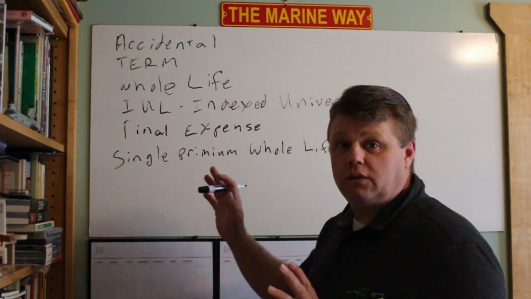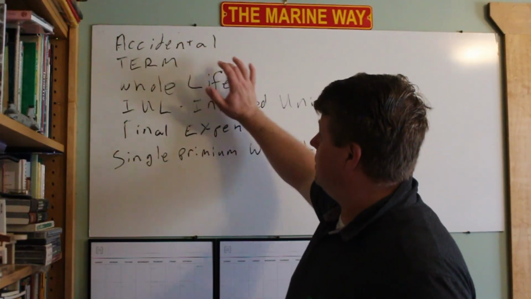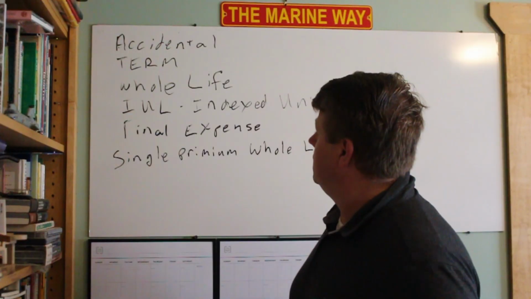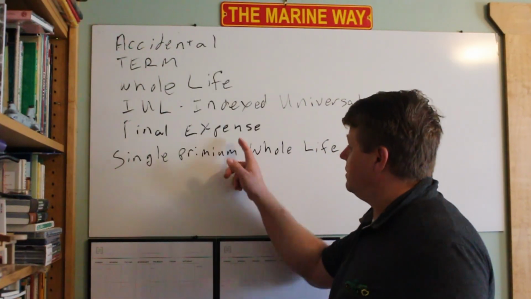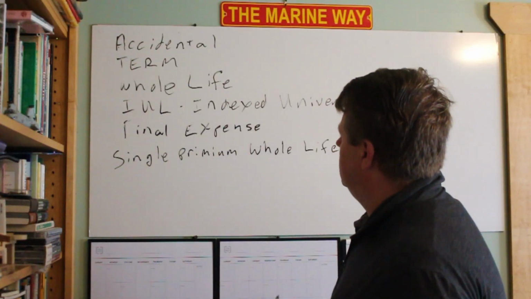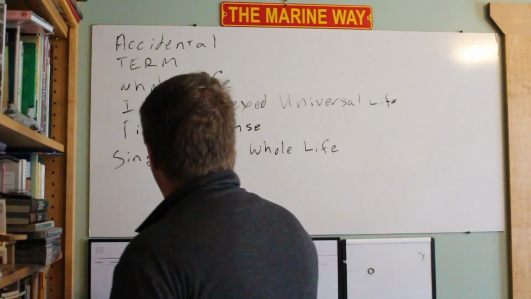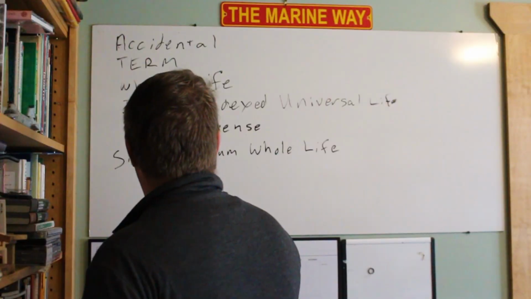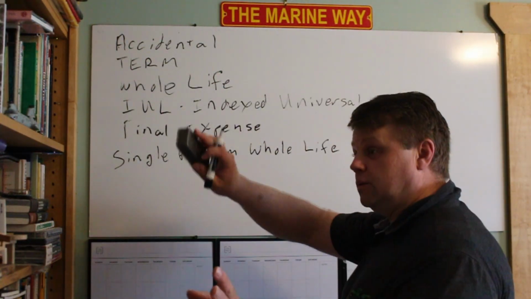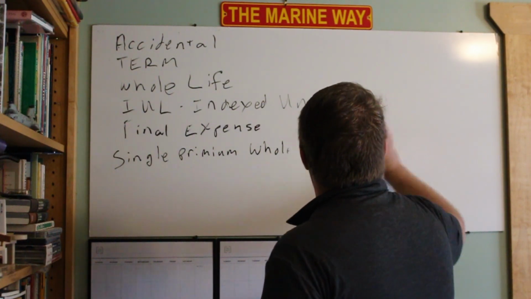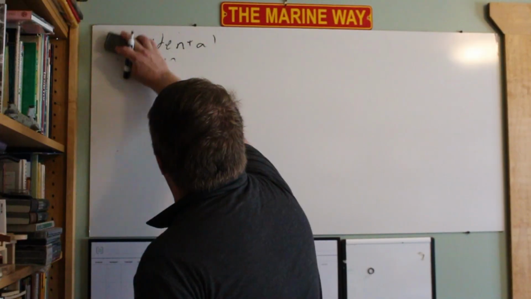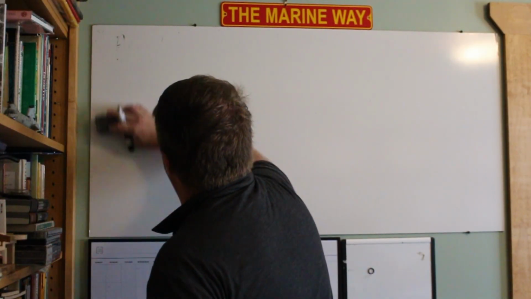So, accidental, term, whole life, IUL, indexed universal life, final expense, single premium life. So there's those. So now we're going to cover each one and where they fall, right?